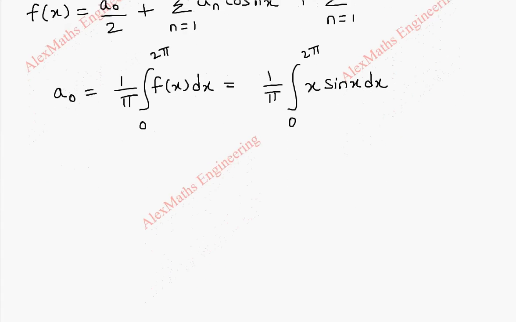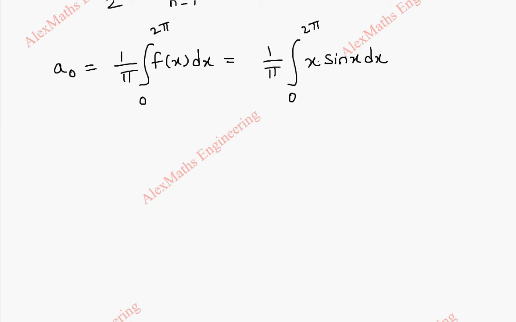We are going to use Bernoulli's formula to integrate this. So this is u and this is v. The formula is, when we have integral of u v dx, it is u v1 minus u dash v2 plus u double dash v3 and so on.